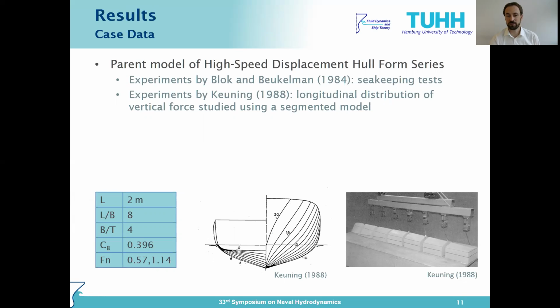And these good results of the strip methods, in spite of the high forward speeds, motivated Koenig in 1988 to study the vertical force distribution acting on the hull in more detail. And he used actually a segmented model to conduct these studies.